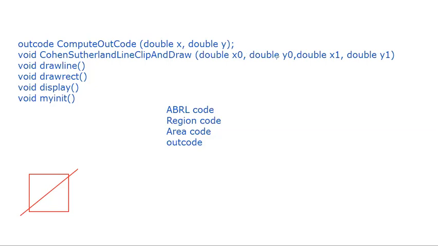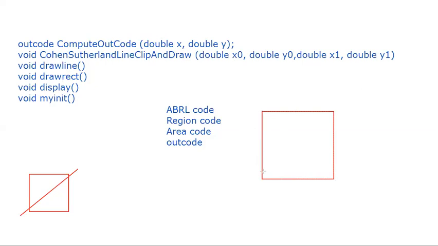There are totally 4 parameters: x0, y0, x1, y1. x0, y0 is this point, and x1, y1 is the other point. Here you should clip this point and this point, and whatever line is drawn inside the window should be displayed in one more window.